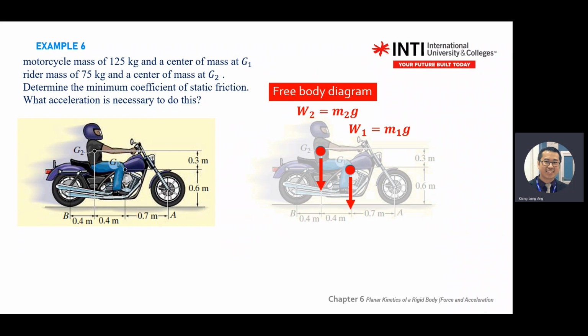B and A. Yes, they touch the floor. Again, do weight first, then contact surface. Don't go and do other things, you might confuse yourself and forget this one.